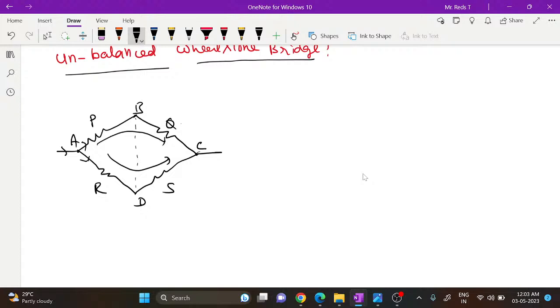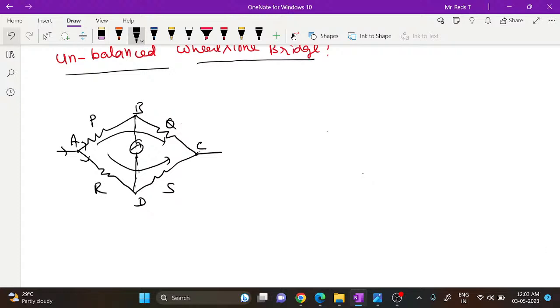If it is unbalanced, some current will flow through the galvanometer. To understand the direction, you have to consider the case without the galvanometer.